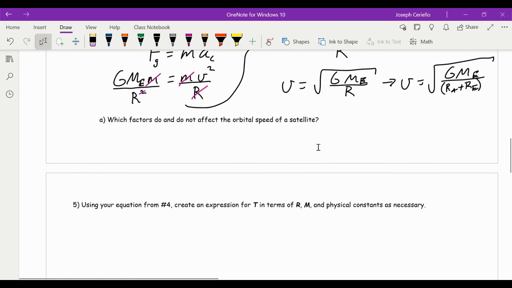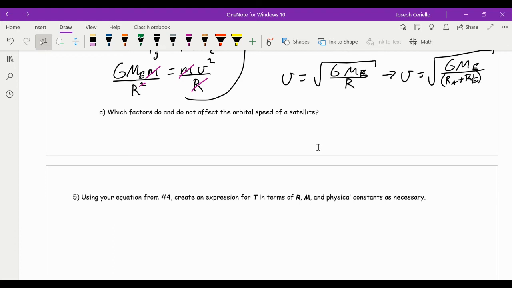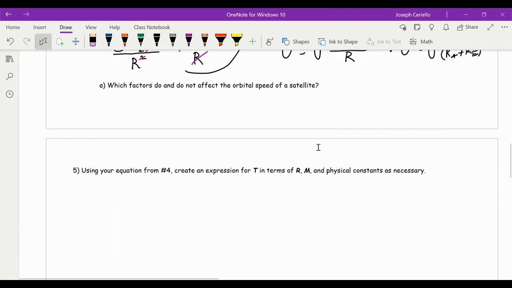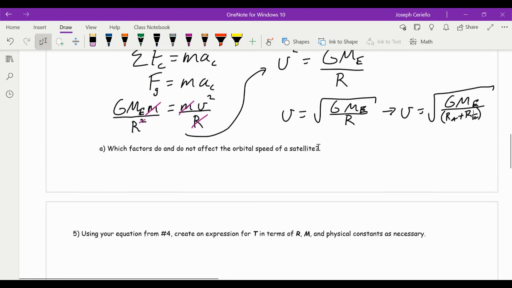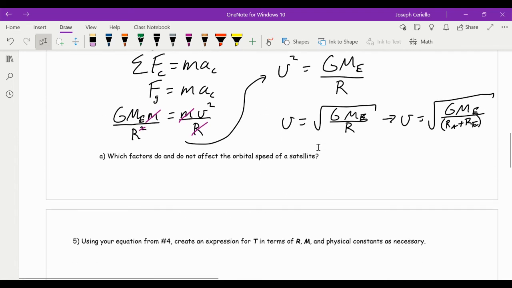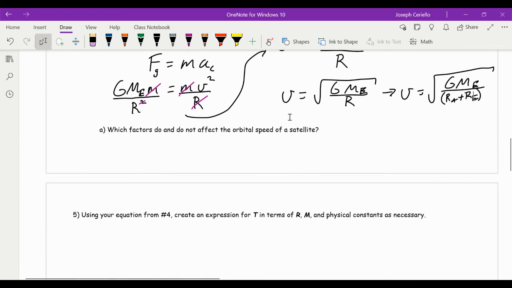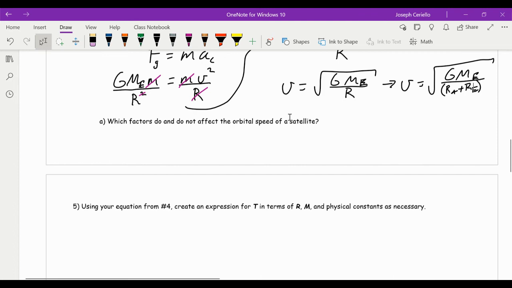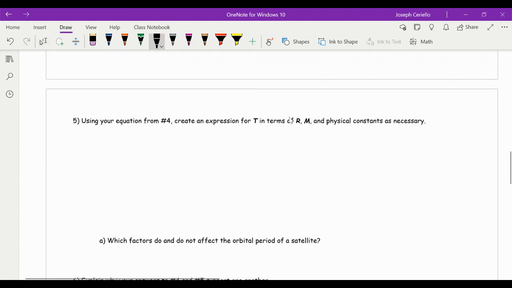So using your equation for number 4, create an expression for T, the orbital period, in terms of R, M, and physical constants as necessary. So what I'm going to do is start with this V equation. Remember, for an object going in a circle, I can replace V with 2 pi R over T, where R is the radius of the circle, the radius of its orbit, and T is the time to go around once.